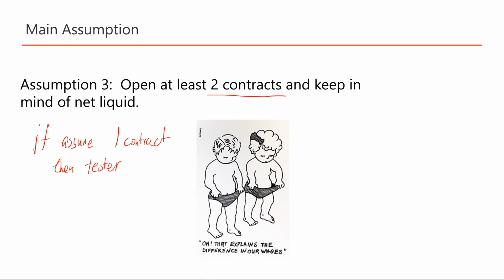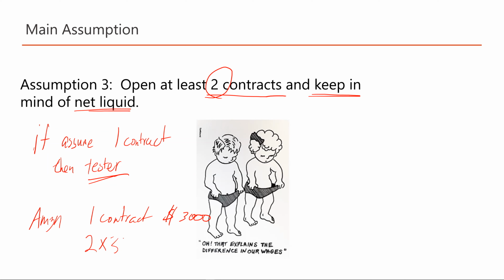You're just testing out the waters. So in order to actually be trading, you need to manage some risk. So you got to get at least 2 contracts. And then you also have to keep in mind the net liquid because, for Amazon contracts, 1 contract can be worth $3,000. And if you pick up 2 of those, that's going to be 6,000, right?